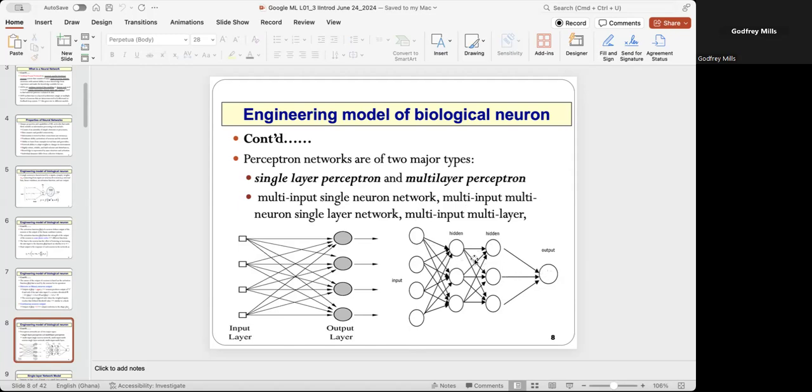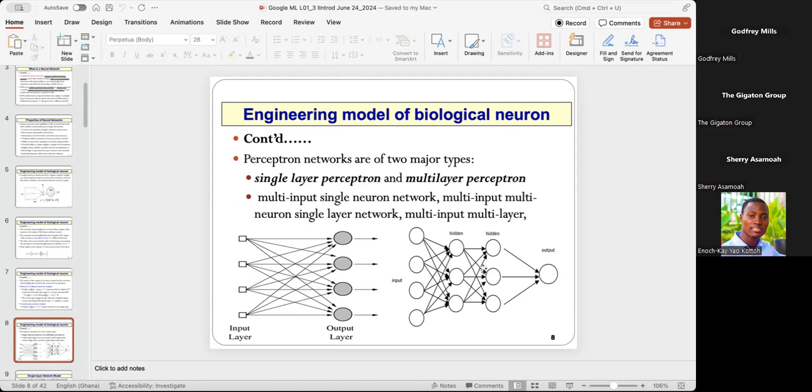Those layers we refer to as hidden layers. We can see the input layer, we can see the output that is coming out, but we can't see the hidden layers.